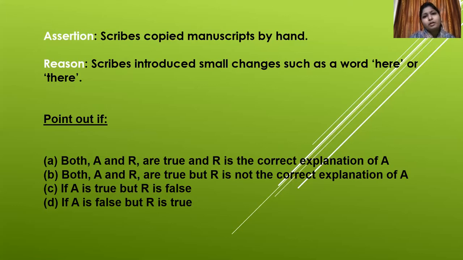I think the assertion is 100% true, and the reason is not the correct explanation, because technology was not very upgraded and machines were not there, that is why scribes used to copy the manuscript by hand. But the reason stated is somewhat relevant to the chapter, because we have read somewhere in the chapter that scribes introduced small changes such as a word here and there.